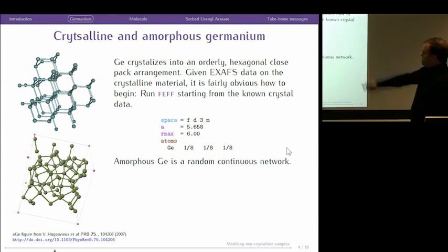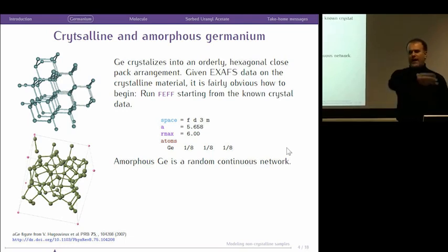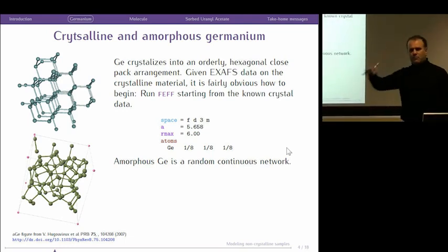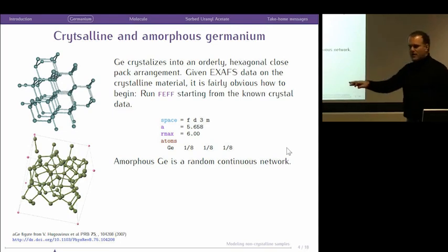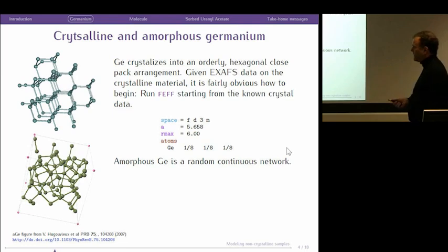Amorphous germanium is a random continuous network, and that's an interesting concept. Amorphous germanium does not diffract, or it diffracts with just this big, broad amorphous halo. But it's not really anything that you can get structural information out of very easily.